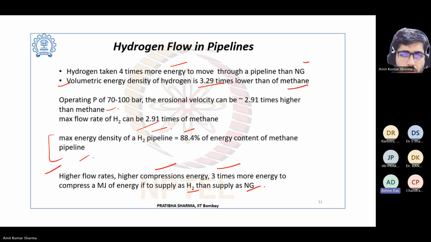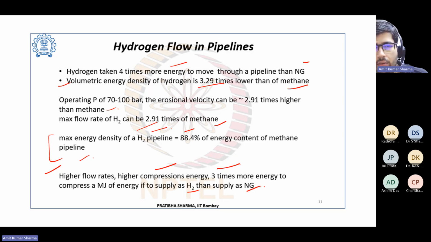What does it mean by this maximum energy density of H2 pipeline equal to 88% of energy content of methane pipeline? So I think, because we have the flow rate constraint, like the max flow rate that we can go is 2.91 times of methane, and we also have this pressure constraint and all.